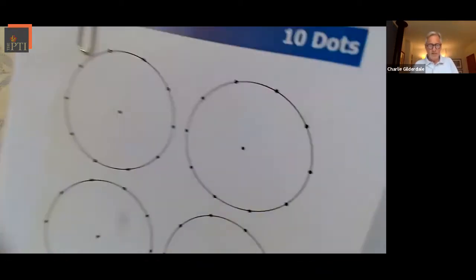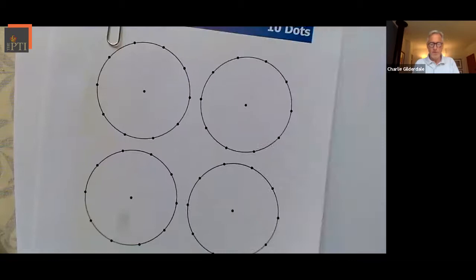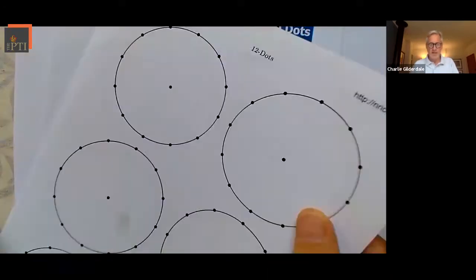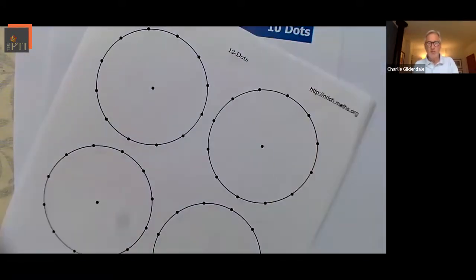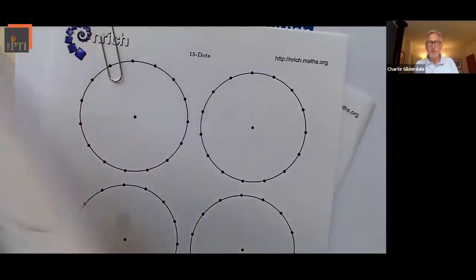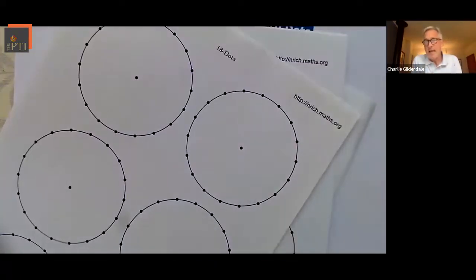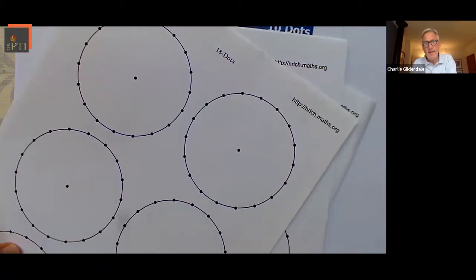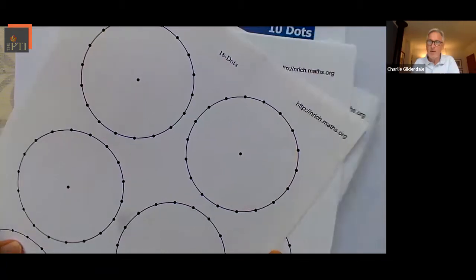And so at Enrich, we've got some 10-dot circles, some 12-dot circles, some 15-dot circles, some 18-dot circles. And so what we've done in the past is given out maybe to different groups different dot circles, and said, okay, can each group work on different cyclic quadrilaterals on their circles and see what happens, give them plenty of time.